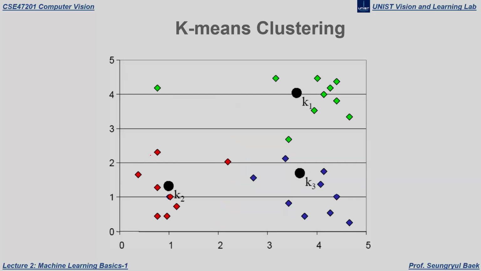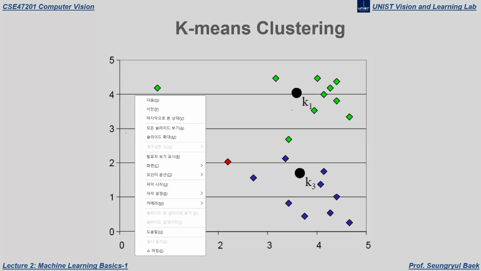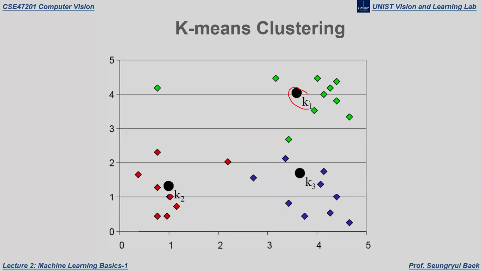How can you calculate that? You can calculate the average of the green samples. So you can update K1 by calculating the mean of the green samples.